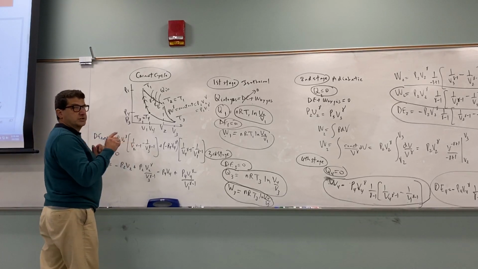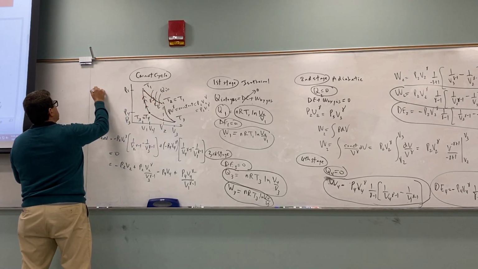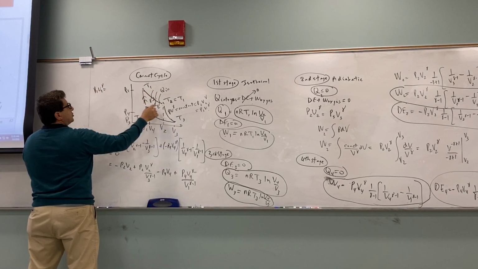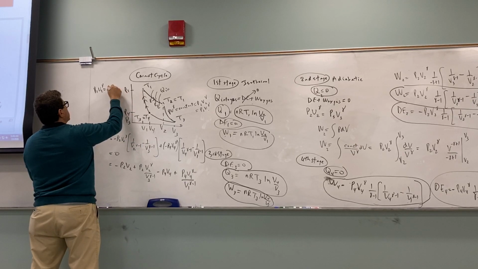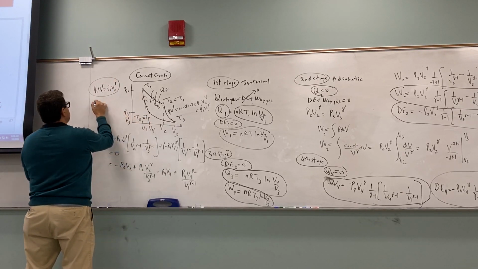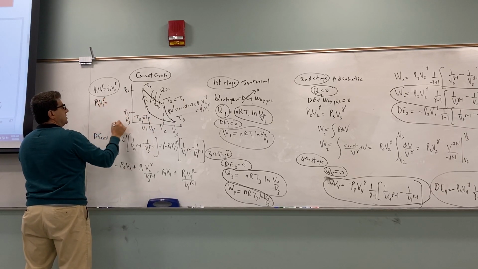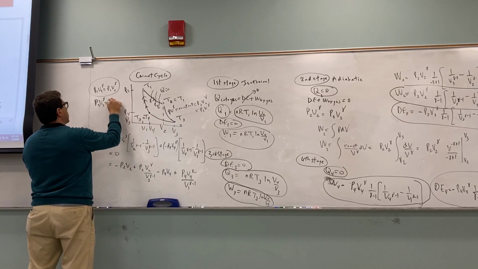What we have, the governing thing, is that P1 V1 to the gamma is going to equal P2 V2 to the gamma. That we know. We know P3 V3 to the gamma is going to equal P4 V4 to the gamma.